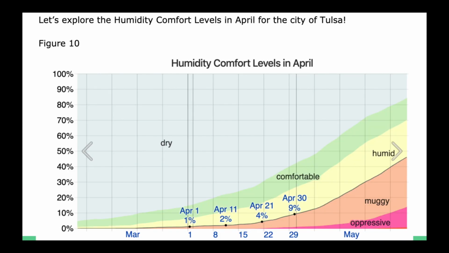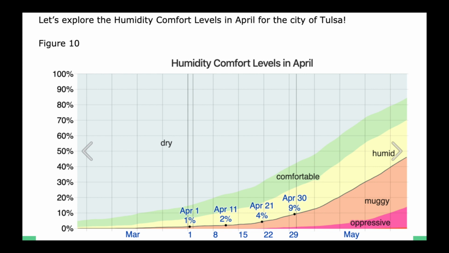Let's explore the humidity comfort levels in April for the city of Tulsa. Figure 10. Humidity comfort levels in Tulsa. The y-axis shows us the percent humidity, relative humidity. Again, the x-axis shows the date. Remember, we can use the grid on this graph to match a date with a percentage of humidity.